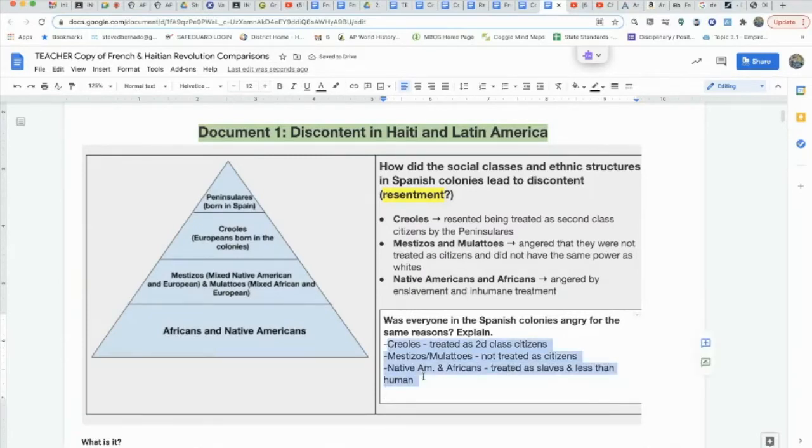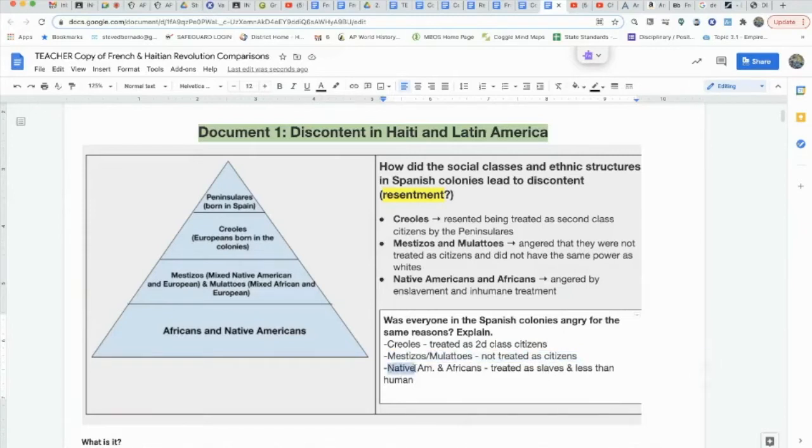So now, using this secondary piece of evidence, this chart, we've revealed there's a lot of anger in the New World, in the colonies that Spain controls. And the anger is different. Creoles are angry because they're treated as second-class citizens. Mestizos and mulattoes are angry because they're not even treated as citizens.